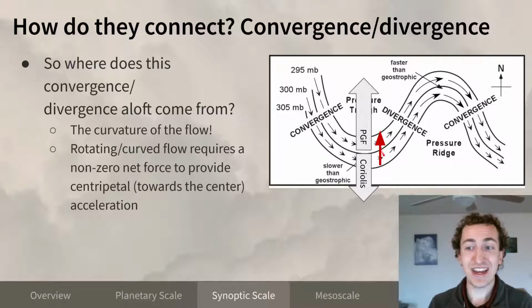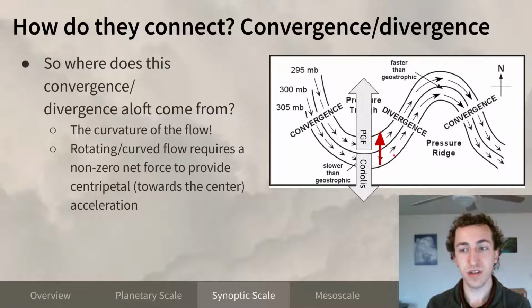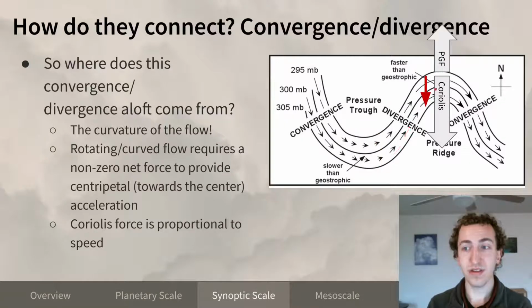So in order to have a net force towards the center of the curvature in a trough, we have to have pressure gradient force stronger than Coriolis. And the opposite here, in a ridge, we have to have Coriolis stronger than pressure gradient.